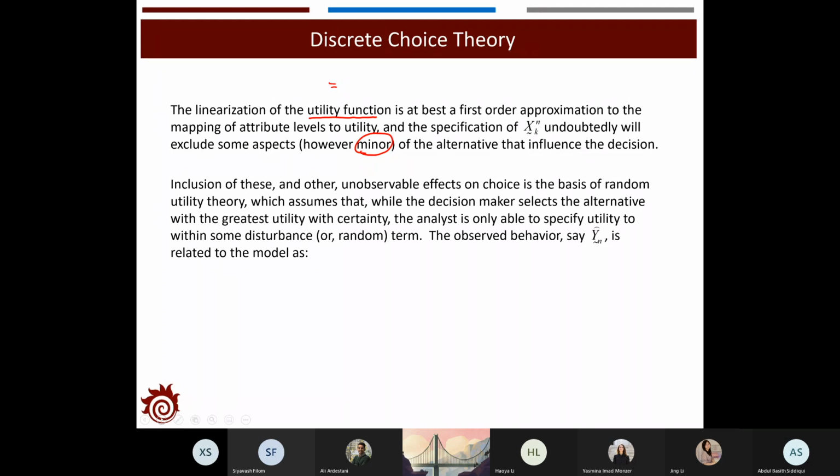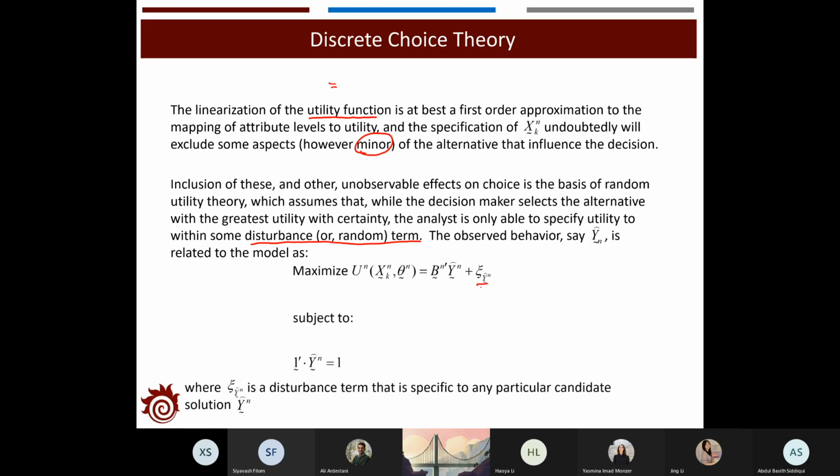It's not a deterministic model. Instead, it's a random model, and we want to introduce the impact of these random terms, all those kinds of disturbance to the model. So with that, the model can be revised by introducing a random term.